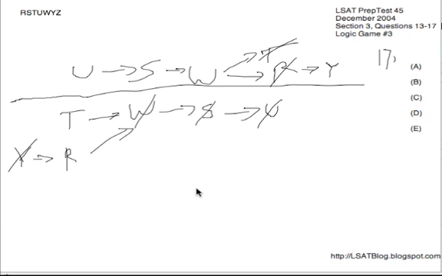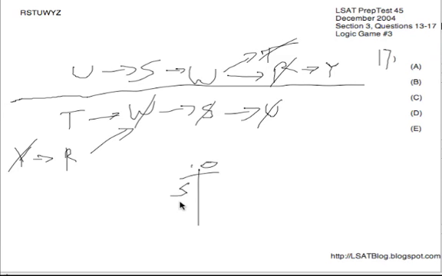So choice A, could we have both S and Z appear in? If S was in, we would have to have W and Y in as well. So any choice mentioning S in is going to also have W and Y in. So I'm just going to make a little in-out table here really quick.